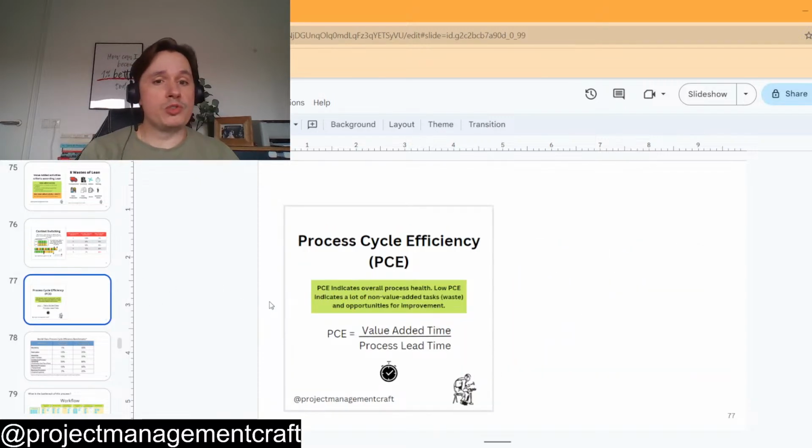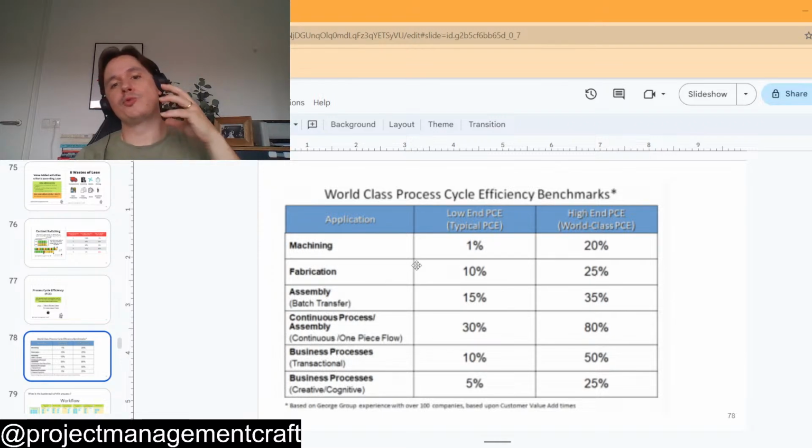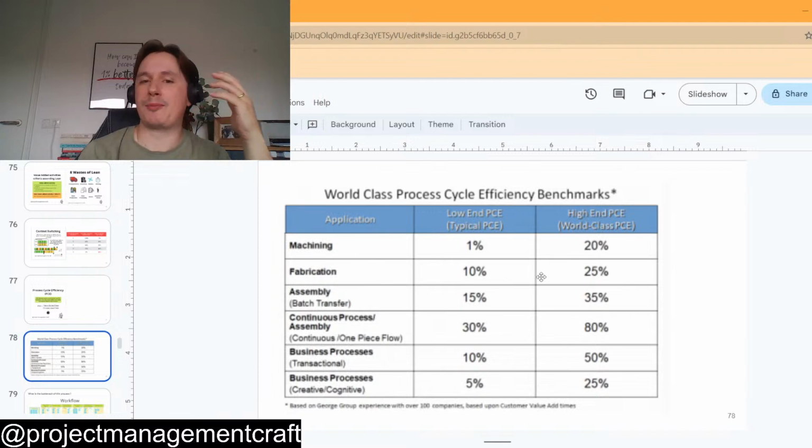Using this process cycle efficiency, I collected some benchmark information here. You see benchmark data for operations, but you also have business processes like transactional, administrative, and creative and cognitive.